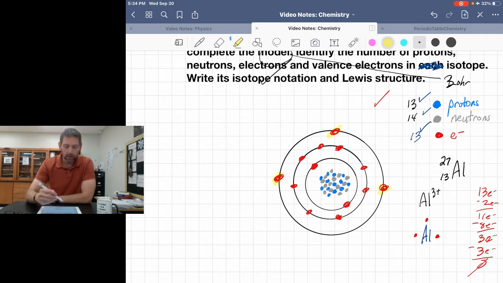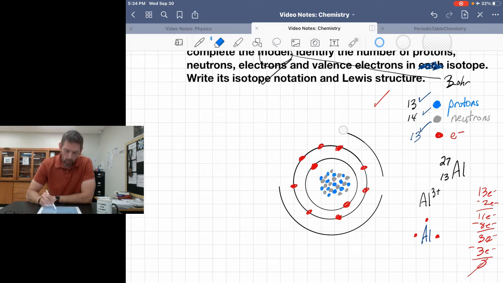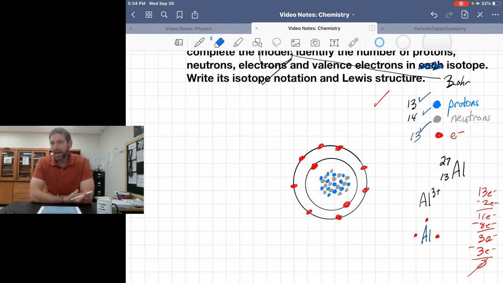Well, if it does that, then this electron goes away, this electron goes away because it's somewhere else, and this electron goes away. So effectively, that third orbital around aluminum has no electrons, and so that region of space, we just don't even think about it.